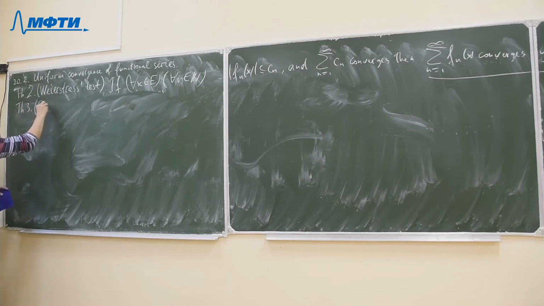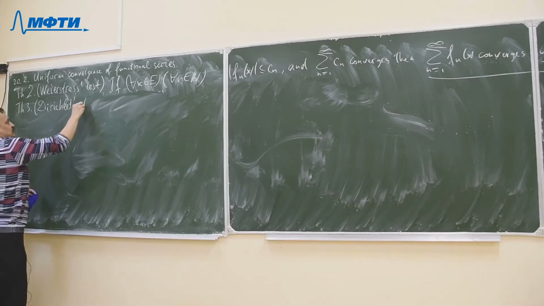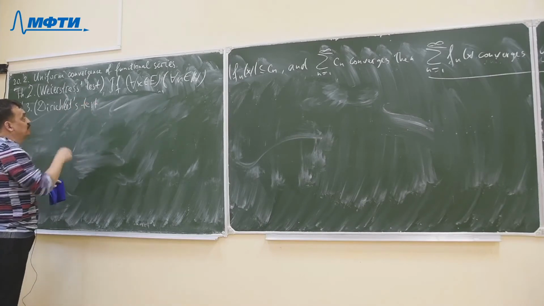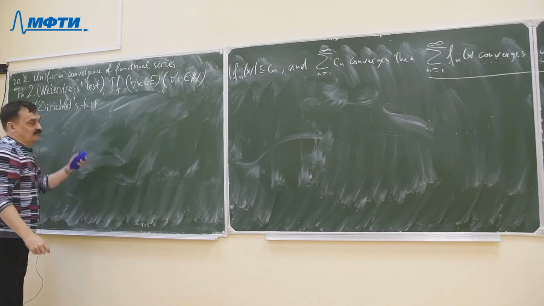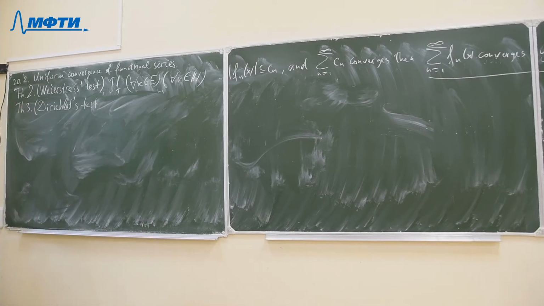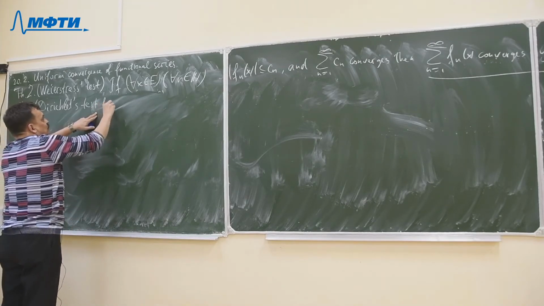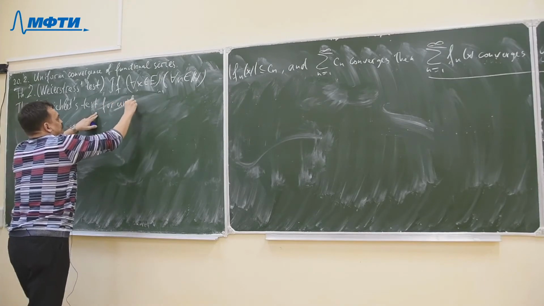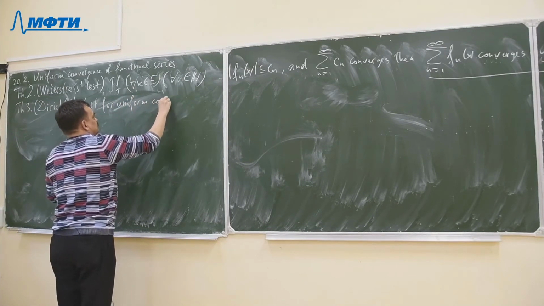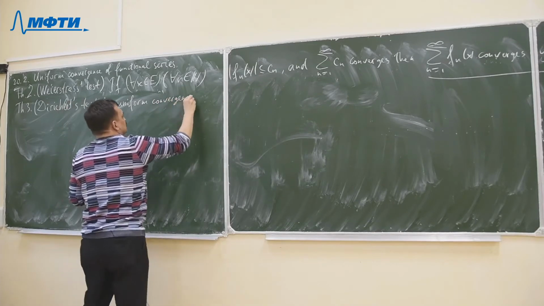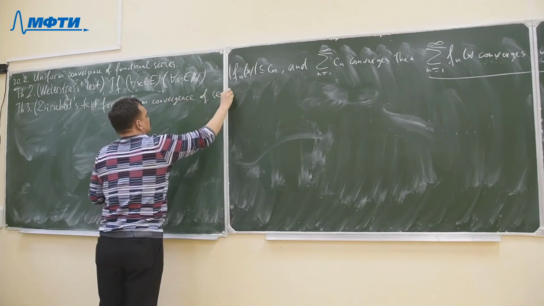Here, 3. Dirichlet test. But of course, here I should insert what it is about, because we know two Dirichlet tests at the moment, right? One for improper integrals, another for usual series, and now the Dirichlet test for uniform convergence of series.